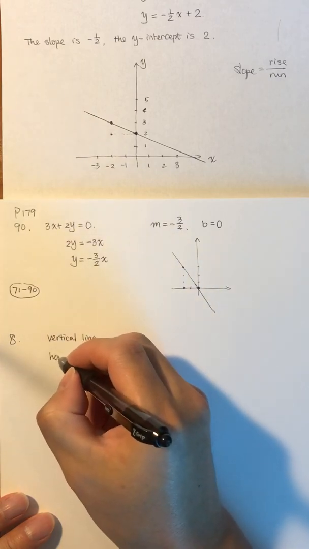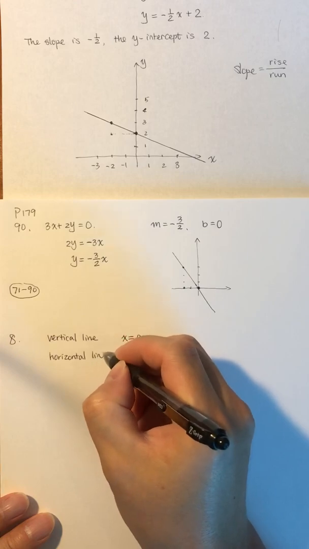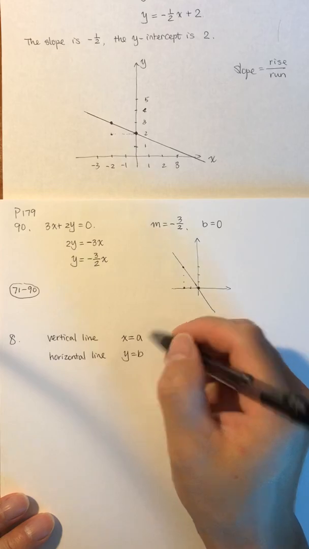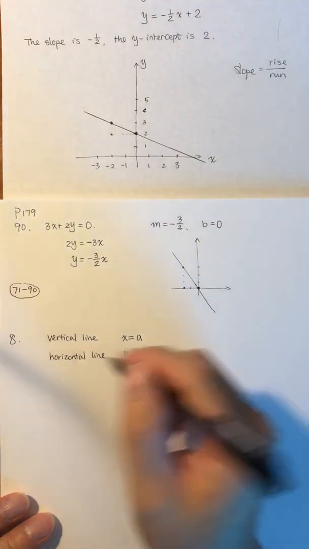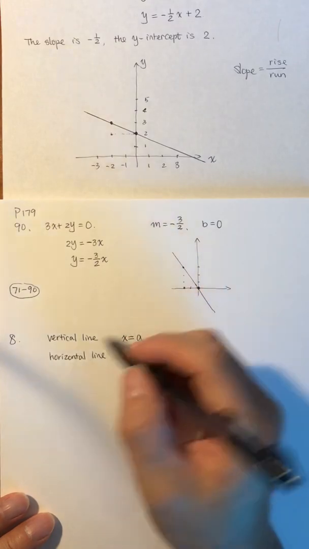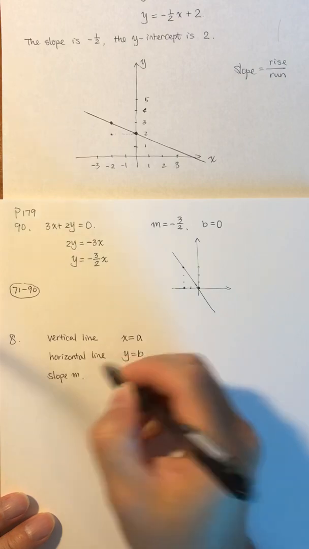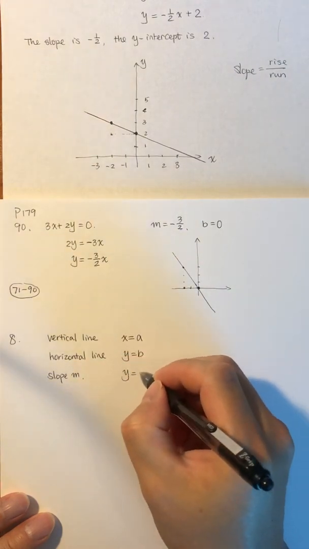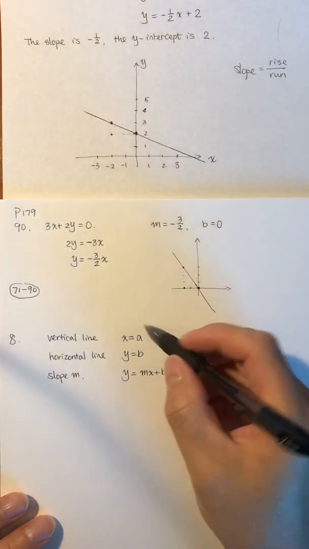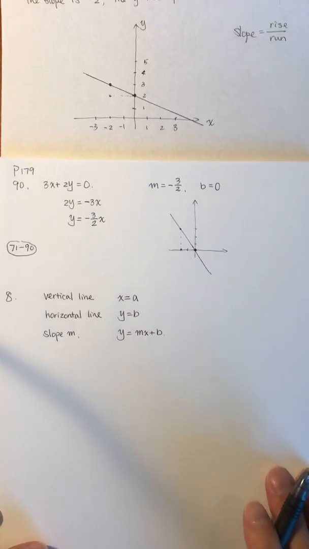If we have a horizontal line, it's y equal to b. a and b represent certain numbers, whatever number. If we have another line with a slant slope, then we will have y equal to mx plus y-intercept b. So this covers all possible equations.